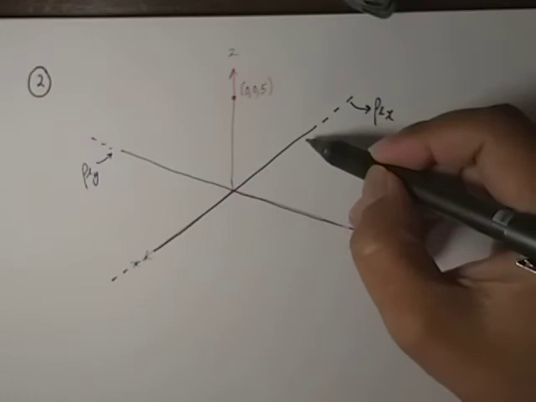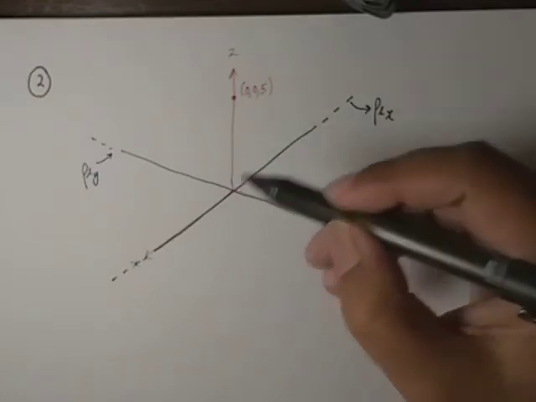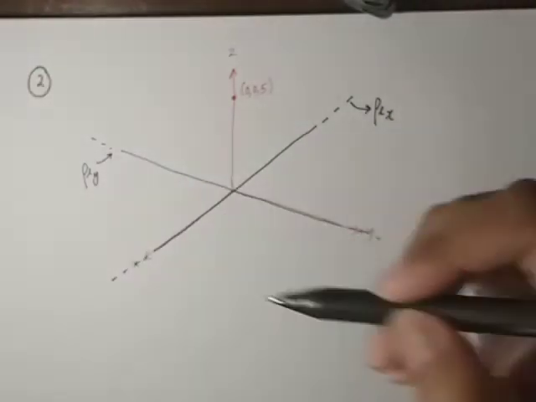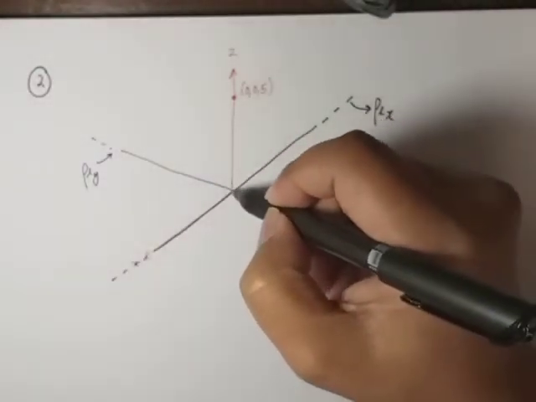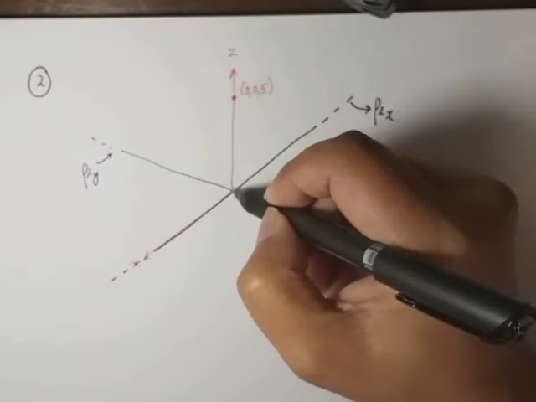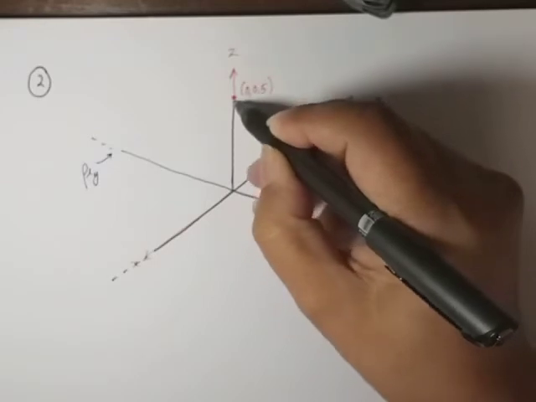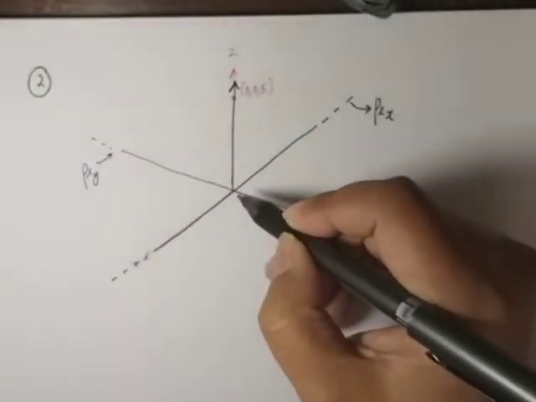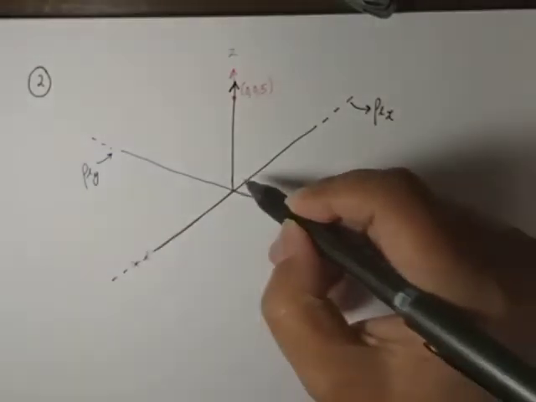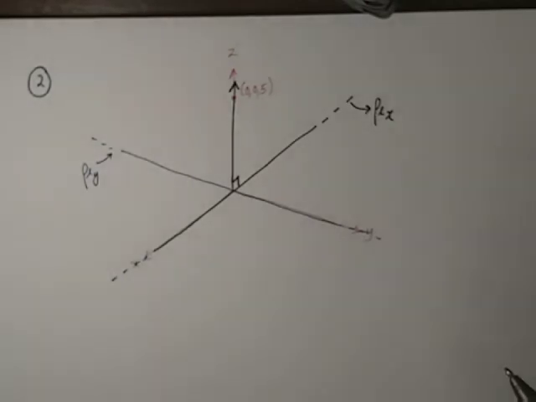Because the line charge is infinite, the E must always make an angle of 90 degrees to the line charge. Therefore, to produce that 90 degrees, the E must obey this pattern. So this should be my E for the infinite line charge on the x-axis. It is making an angle of 90 degrees.